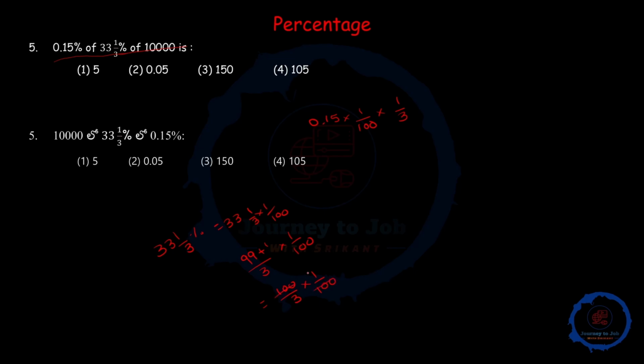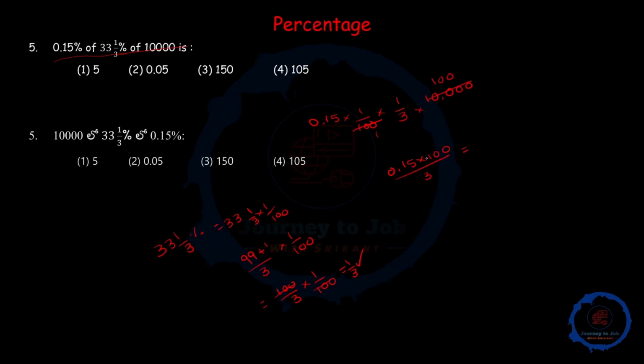So 100 cancels, you will get 1 by 3 into 10,000. So 100 1 ja, 100 ja, or simply you can cut the last two zeros, you will get 100. Now the remaining part is 0.15 into 100 by 3.